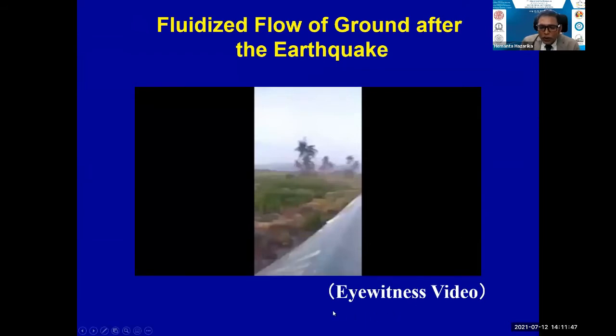Let me share with you a video taken by some local people there when the flow slide took place. So in fact, the person is moving in a car in the opposite direction of the flow.